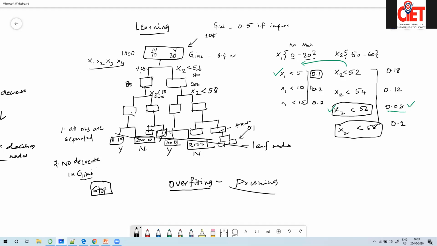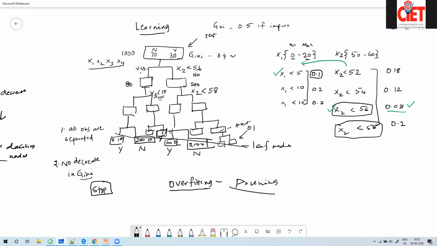For each split point, we computed what would be the Gini value. We choose the one that has the least value of the Gini, and we compared them across variables. Whichever variable gave the least value of Gini at a given split point, that one is made to make the first split. Now this becomes a parent node, this becomes another parent node, same process.